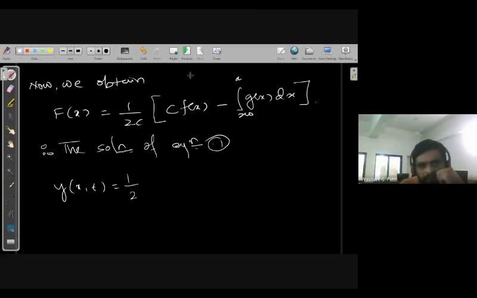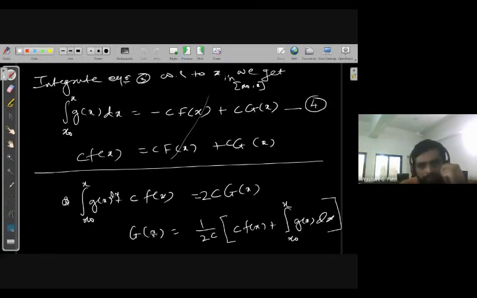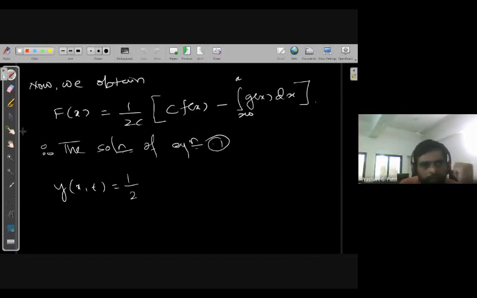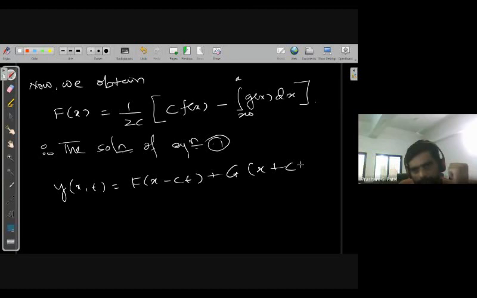If I add these two values, this is F(x) and this is G(x). This is the value of F and G we get. Our solution is capital F(x minus ct) plus G(x plus ct).